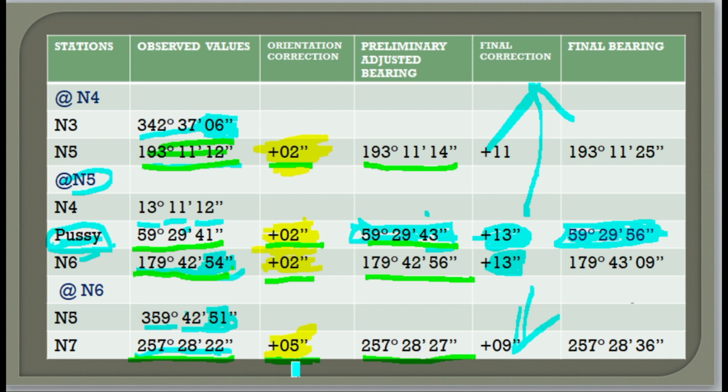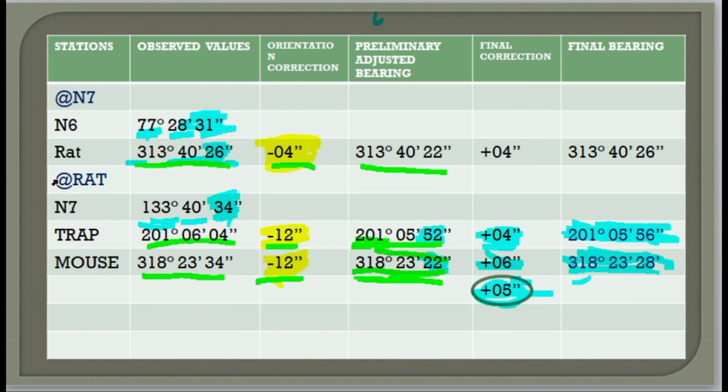First of all, we need to count the number of stations from N5 going downwards. So here we have N6 as 1, N7 and N8. So N7 and the rat, those are 3 stations there.